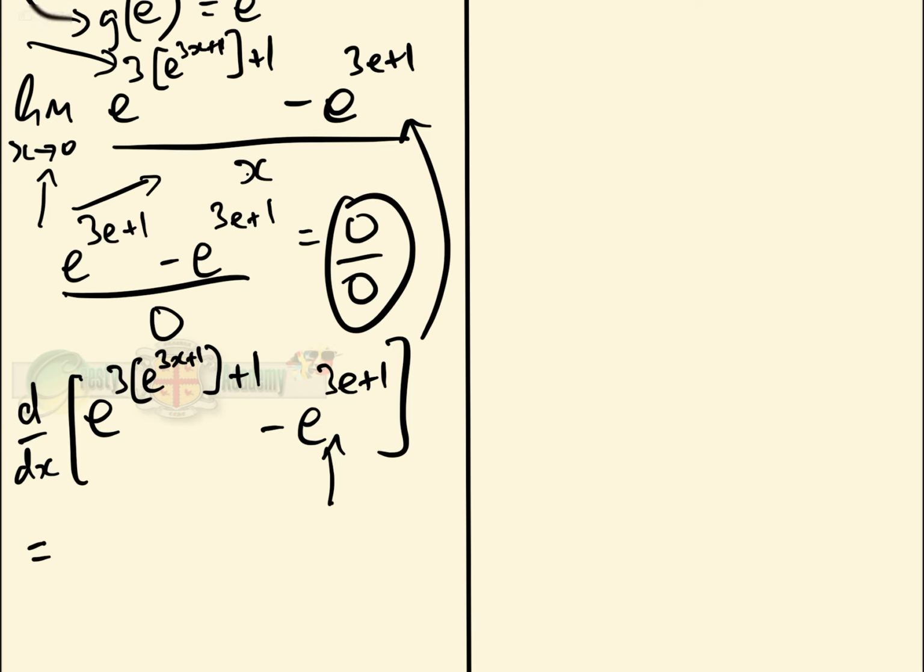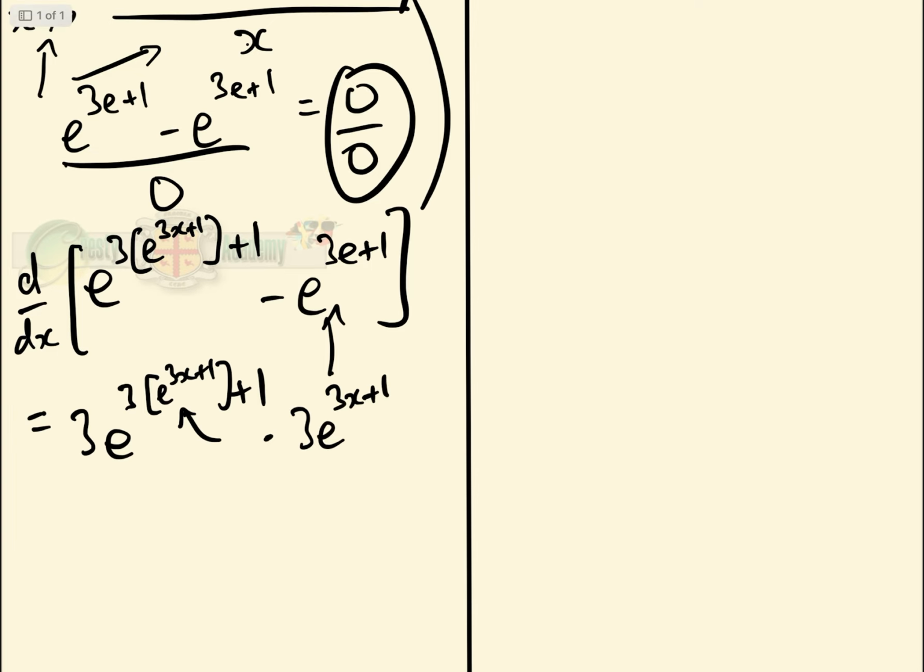So that equals, on this left-hand side, 3e to the 3x plus 1 plus 1 times the derivative inside that bracket, which is 3e to the 3x plus 1.